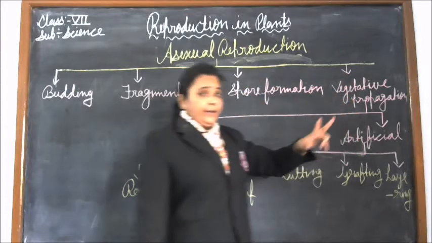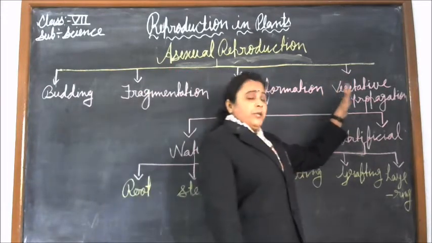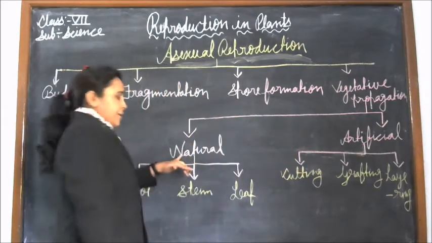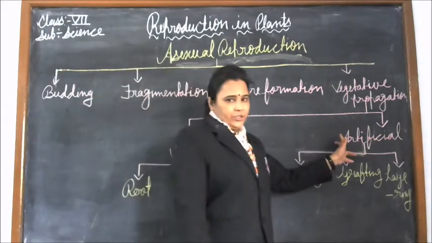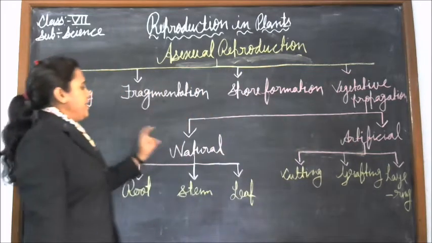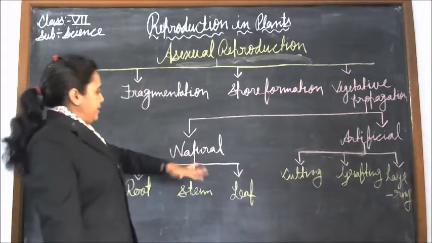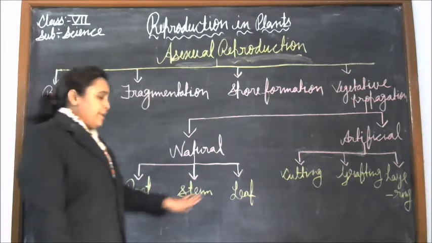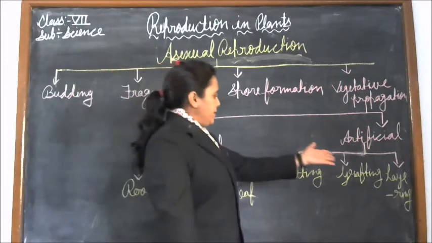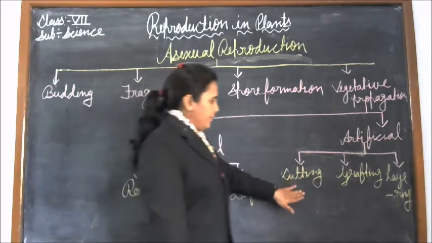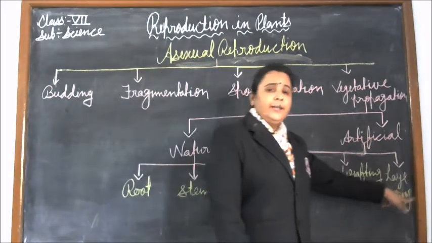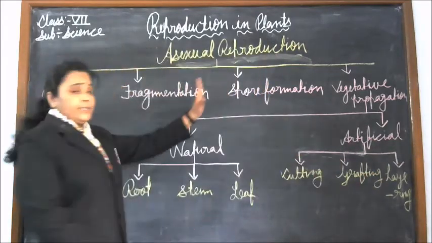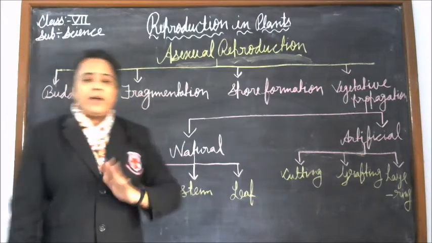Vegetative propagation takes place by two methods, natural and artificial. The natural method takes place by root, stem and leaf, and the artificial method takes place by cutting, grafting and layering. Now we will study these processes one by one.